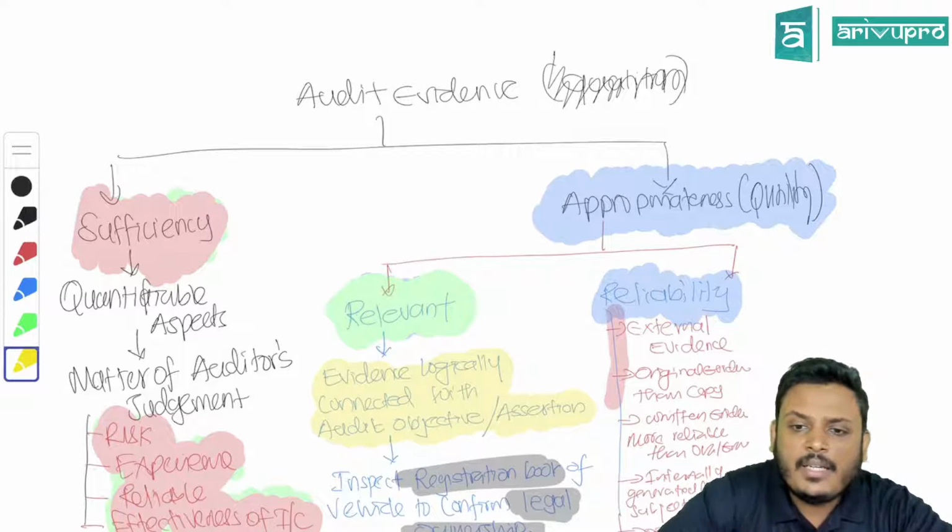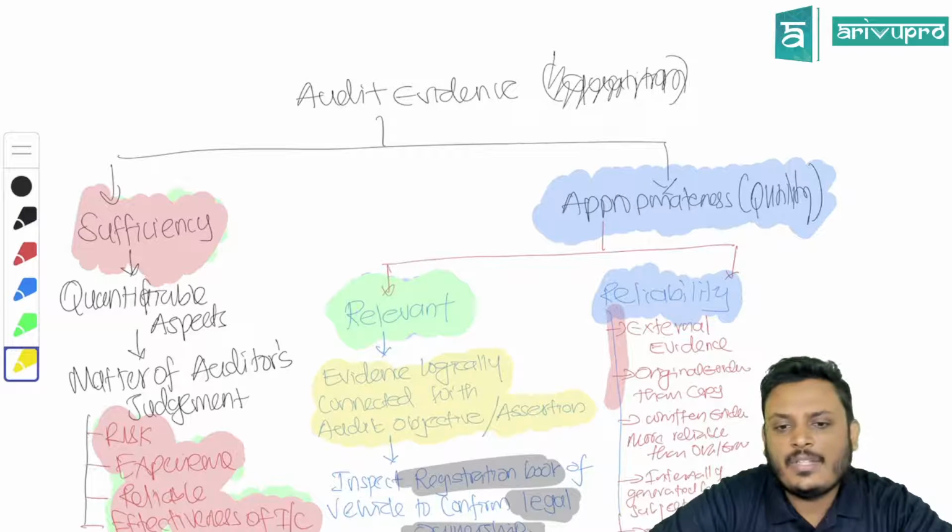If it is logically connected with an audit objective, or logically connected with an assertion, that is what we call relevant evidence. Clear?